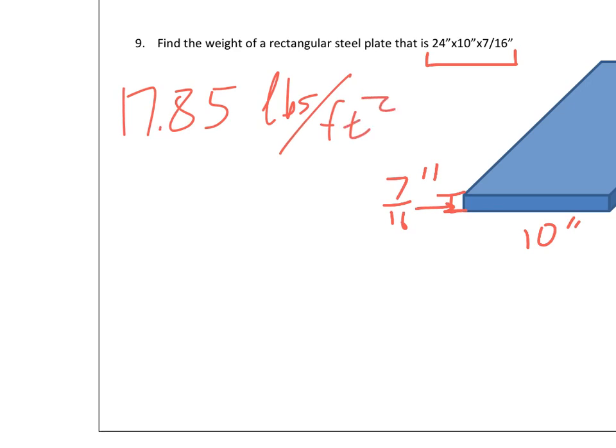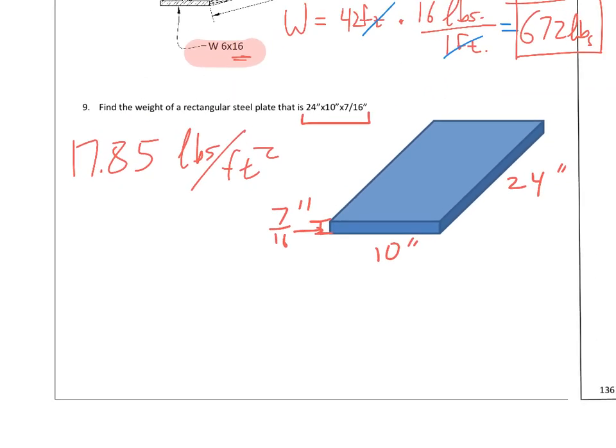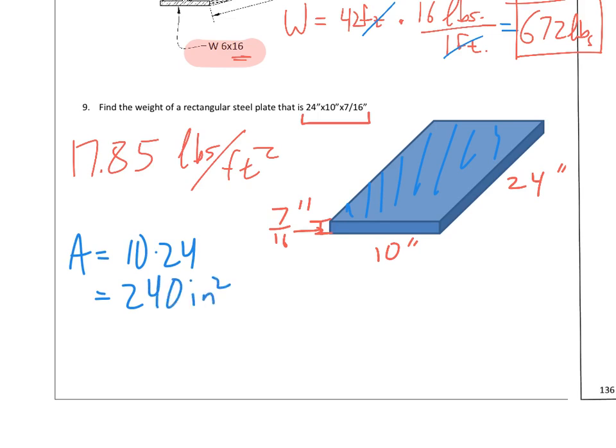All right. And so we've got to figure out how many square feet this is. Well, this is in inches, so we're going to have to do some conversion here. The area of the top of the plate is 10 times 24, which is 240 square inches. Okay, well, we need to find that in square feet.